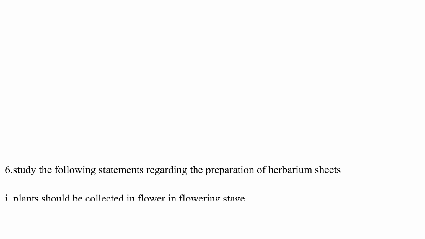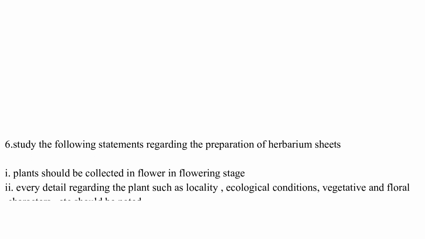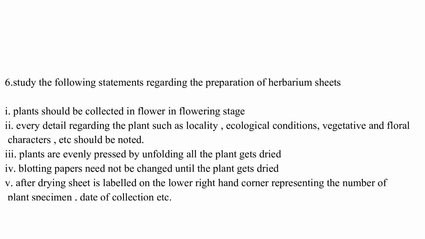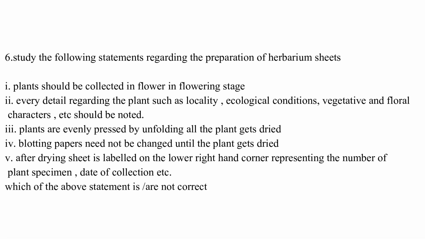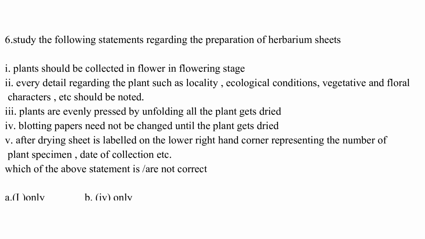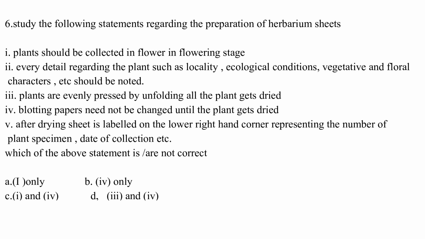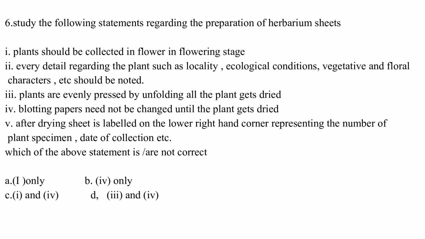Study the following statement regarding preparation of herbarium sheet. I. Plants should be collected in flowering stage. II. Every detail regarding the plant, such as locality, ecological condition, vegetative and floral character, etc., should be noted.